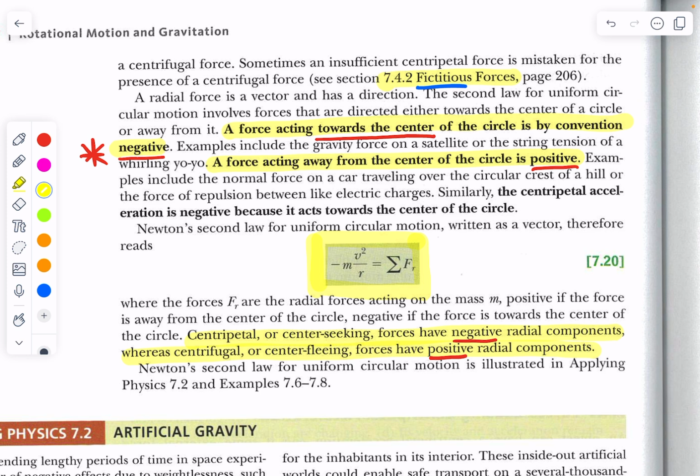So centripetal forces are generally negative forces. Sometimes that negative sign is necessary in the context of the problem. Sometimes we're thinking in terms of the absolute value of the magnitude of that force. And then a force acting away from the center is by definition positive.